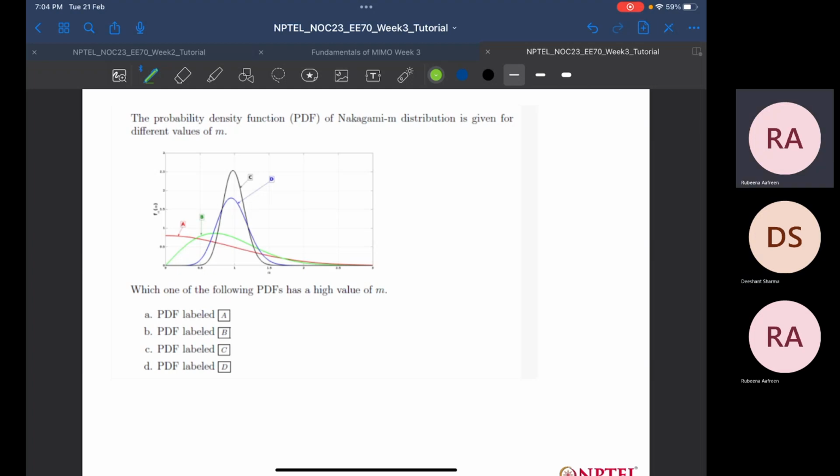Okay, 4 plots are there, A, B, C and D. It is asking which of the following PDFs has the highest value of M. What do you think it is? C. Correct. You can see as the value of M is increasing, the spread is decreasing.